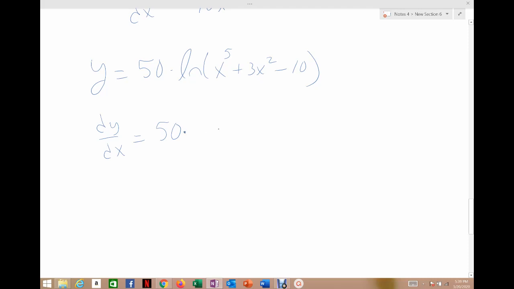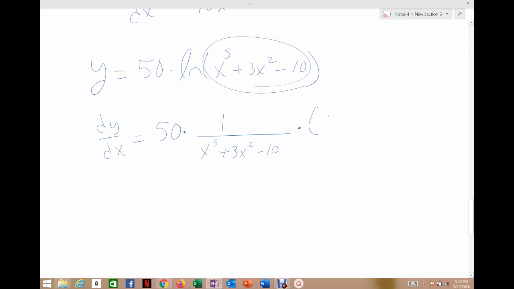The derivative of the natural log is 1 over the function inside, so 1 over that same polynomial without changing it at all. But I'm not done yet. That's just the outside, the logarithmic part. Separated by multiplication, I take the derivative of the polynomial inside.